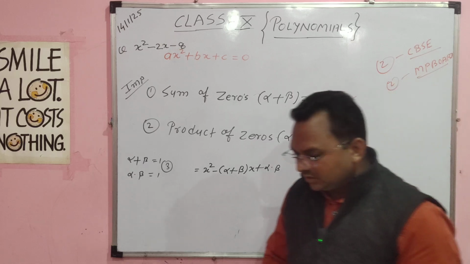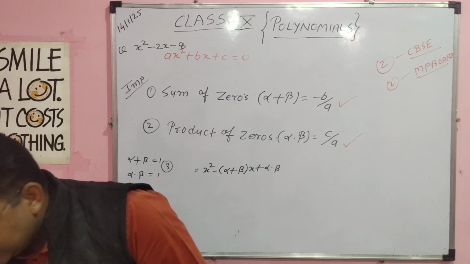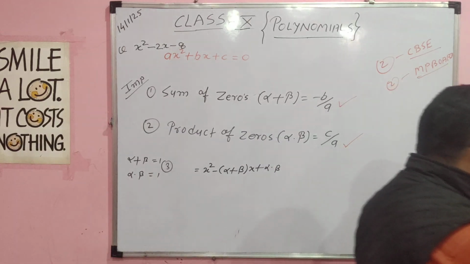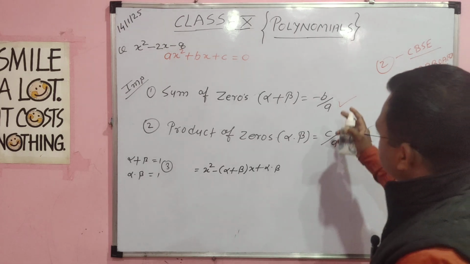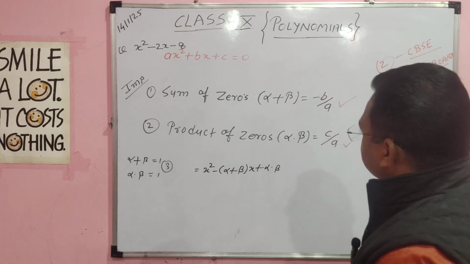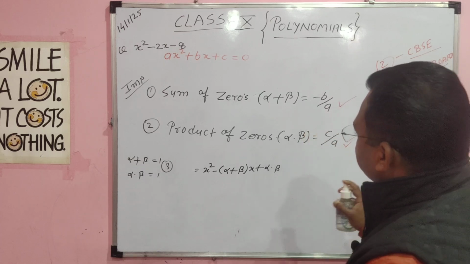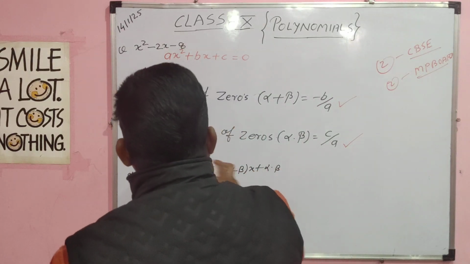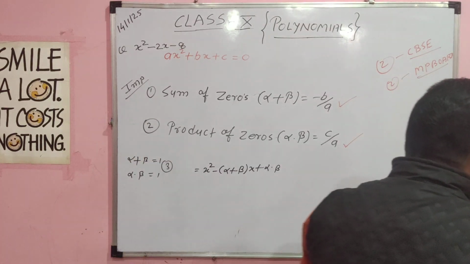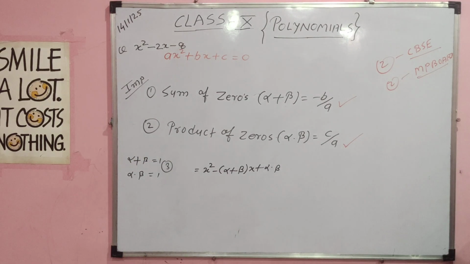Clear na? So how to solve in an exam and how to get total marks? With the help of sum of zeros and product of zeros, we find our solution.